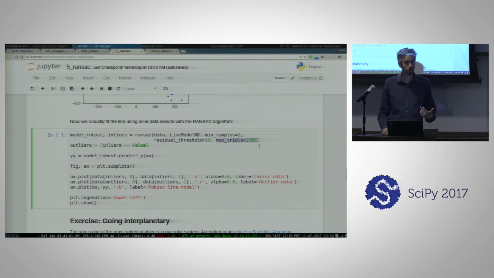The more trials you run, the more likely you are to run into a good solution. If you do too few trials, like only 1 or 2 trials, you're likely to end up with a very bad fit. We do have early stopping criteria as well, so if the algorithm sees that it's converging after a while, it will stop.